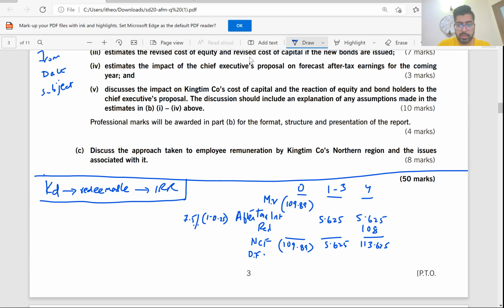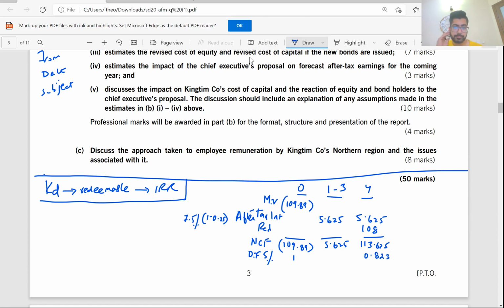Let's suppose the first one I took 5%. Your 0 factor is 1. Your 4 factor is 1 divided by 1.05 power 4, 0.823.